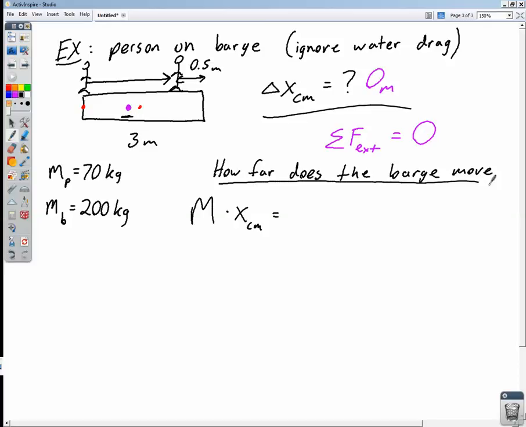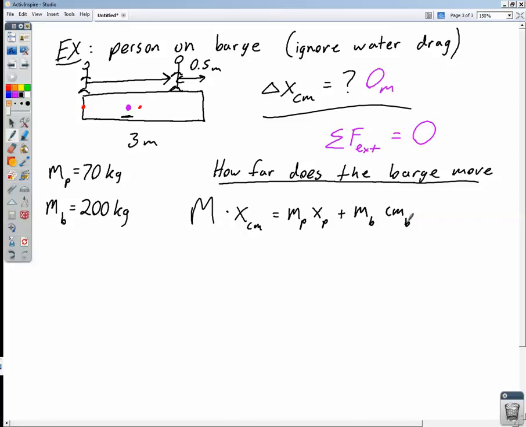So we're just considering x, so it's going to be the mass of the person times the person's position plus the mass of the barge times the barge's position of the center of mass. Mass of the barge times the center of mass of the barge, because that's really what we're concerned with here, and this is the x coordinate.